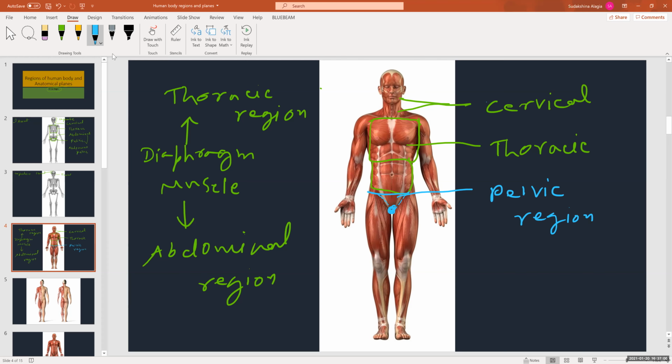The central part of that pelvic region is referred to as the pubic region. And the edges of the pelvic region, where there is a junction between the abdominopelvic and the lower extremities, these junctions are what's referred to as inguinal.